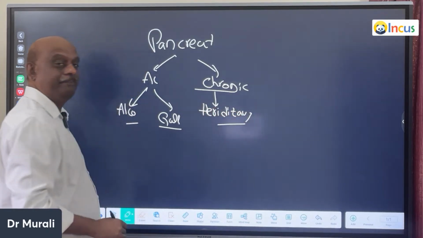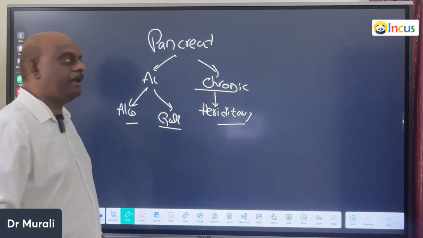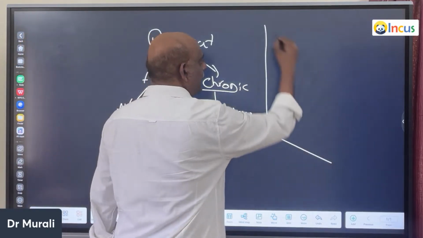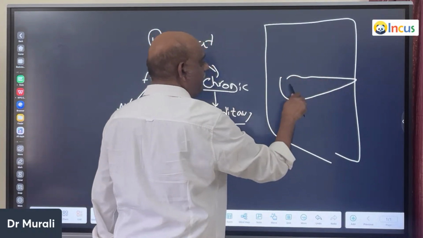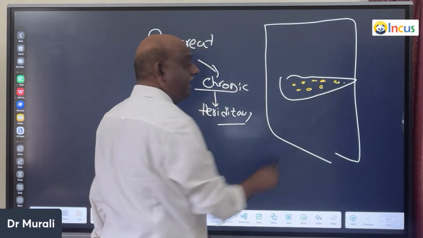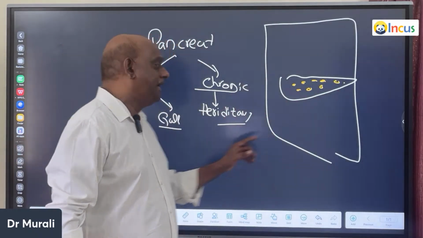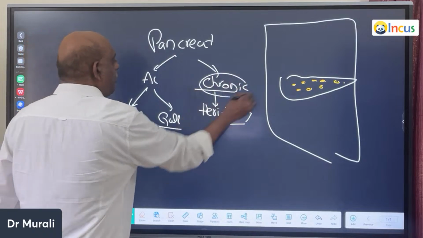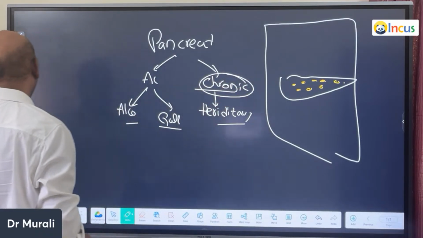Is what you need to remember. So how do you identify whether it is acute or chronic pancreatitis? If you take the plain radiograph, the pancreas will show the presence of calcifications. If you are able to see calcifications in the pancreas on a plain radiograph, that is an indicator of chronic pancreatitis, is what you have to remember.